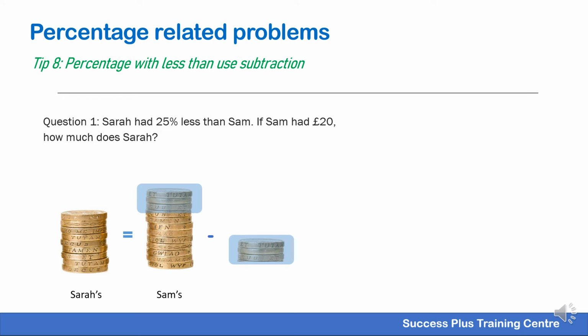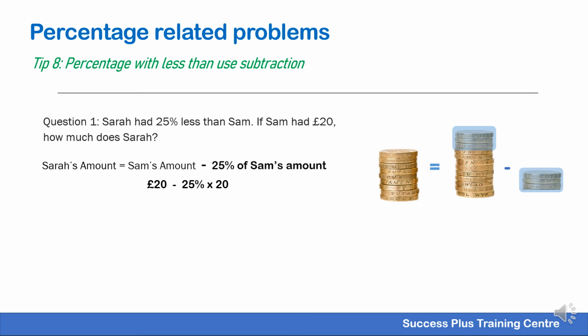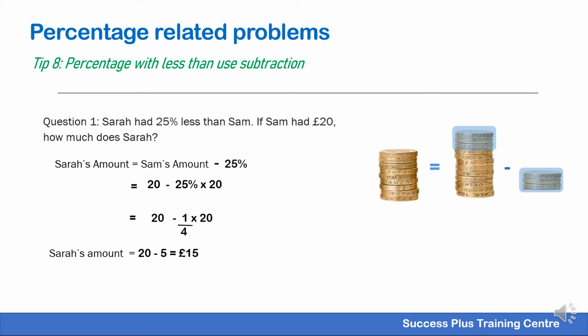So in order to make both amounts equal, we need to take away a certain amount of money from Sam's amount. This certain amount that we need to take away from Sam's amount equals 25% of Sam's amount. This means that Sarah's amount equals Sam's amount take away 25% of Sam's amount, which should then equal £20 take away 25% times 20.